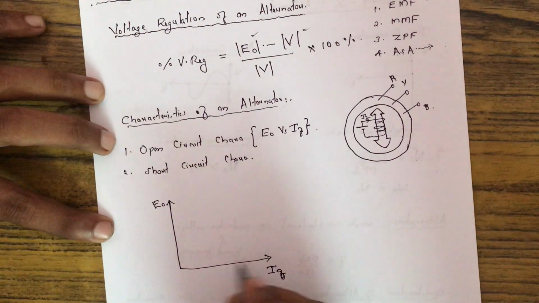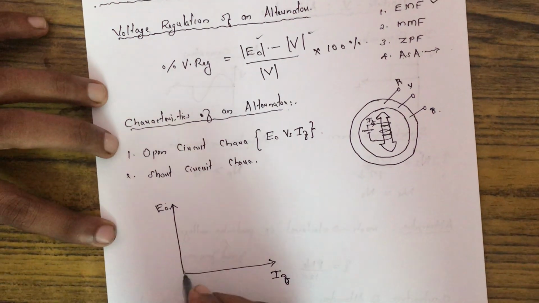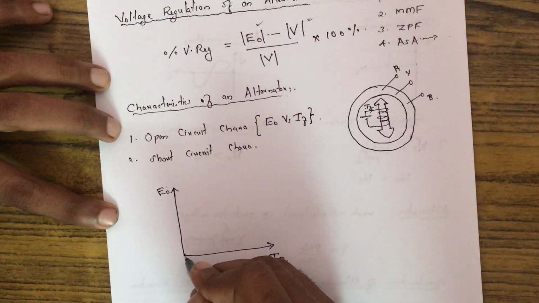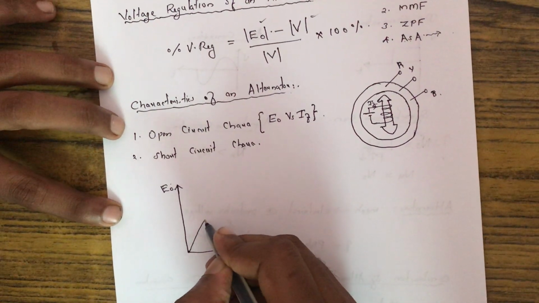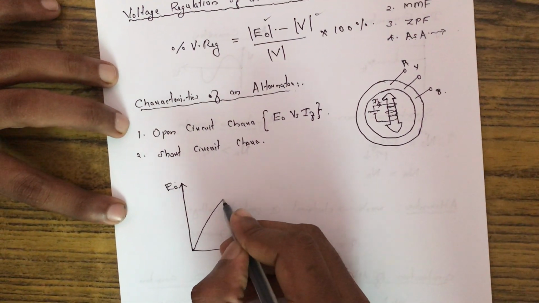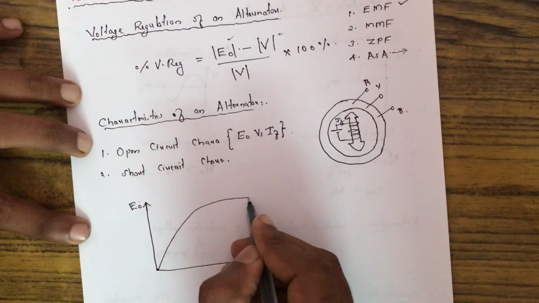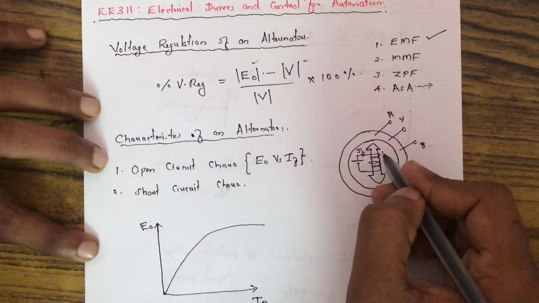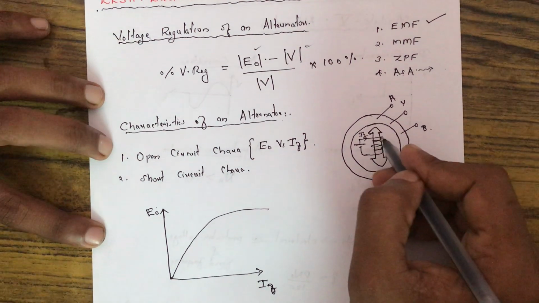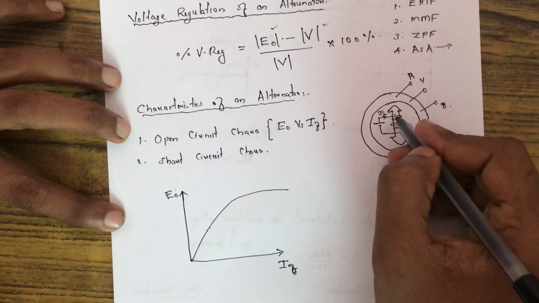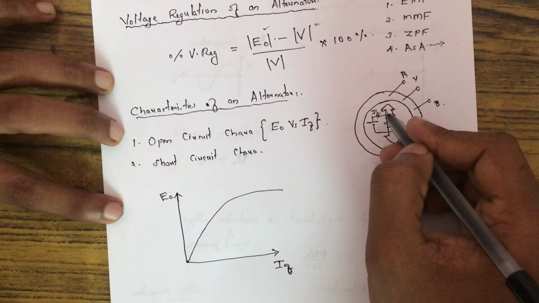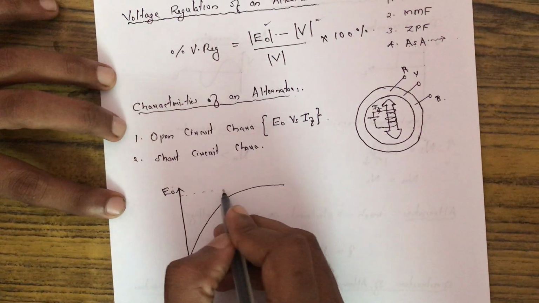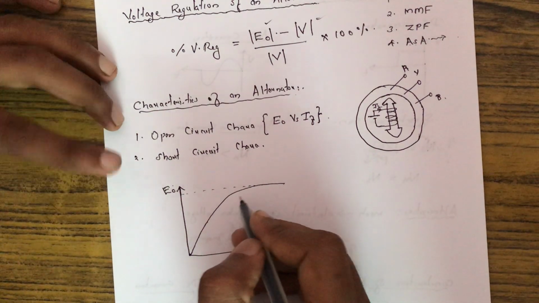So if the field current is 0, the induced EMF will also be 0, and if I am gradually increasing the field current, the open circuit voltage will also increase linearly, and later on it will go to saturation, right? Even though the field current is increased, there will not be any increase in magnetic field, and the induced EMF will not increase after this point.